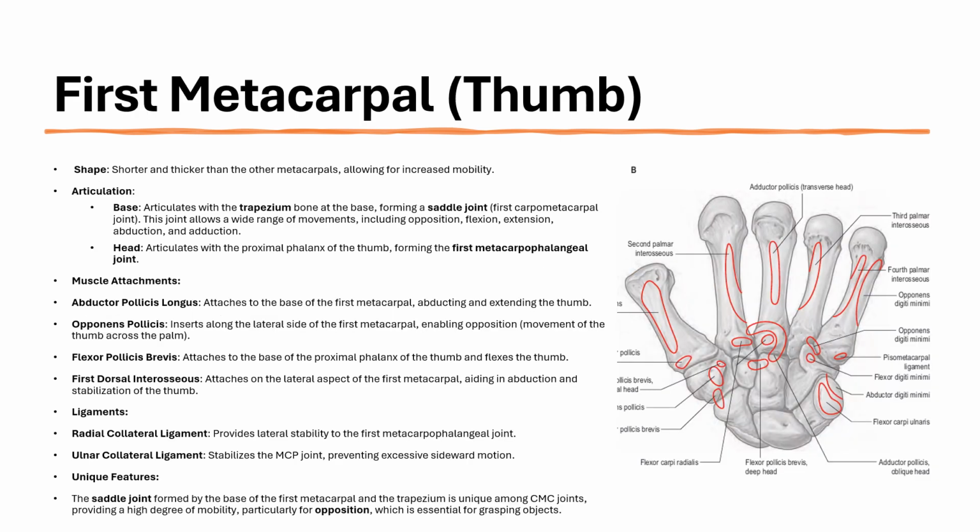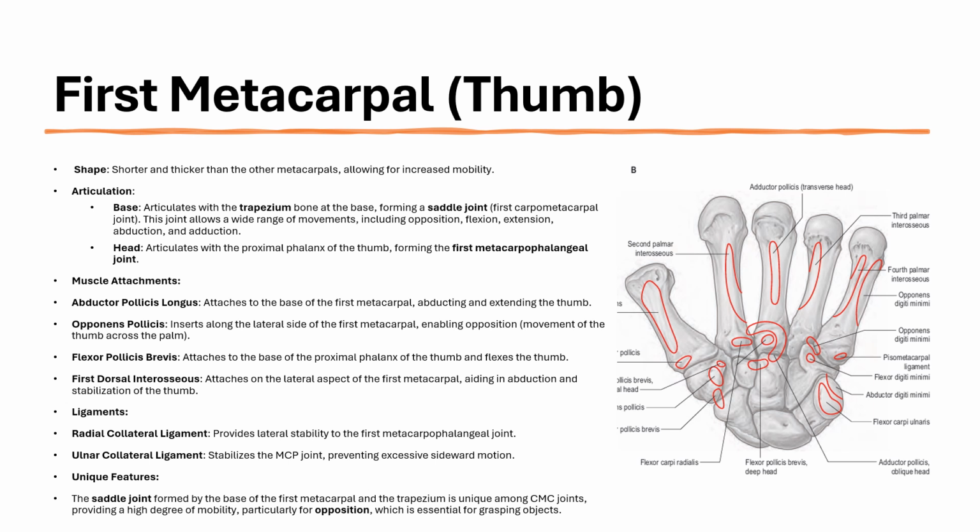Now the first metacarpal bone, which lies toward the lateral side of our hand, is the metacarpal of the thumb. Its shape is shorter and thicker than the other metacarpals, allowing for increased mobility.